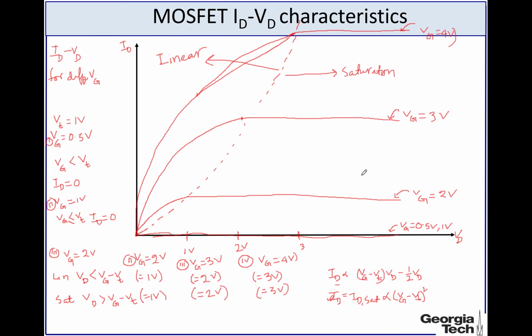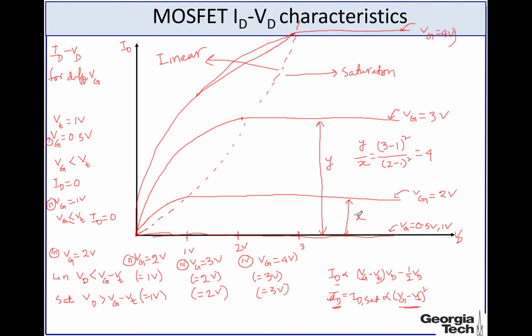And the second important thing is that ID is proportional to (Vg minus Vt) squared. So if this much is x and this much is y, then y divided by x is (3 minus 1) squared, basically this factor (Vg minus Vt) squared, over (2 minus 1) squared, so this will be 4.